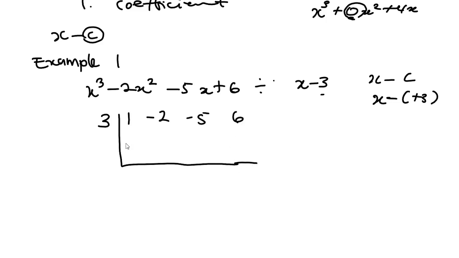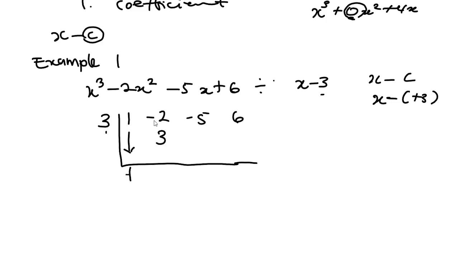So the first thing you need to do here is bring down the first coefficient. Use that one to multiply the c, and what you get, you add to this column. So 1 times 3, you get 3.